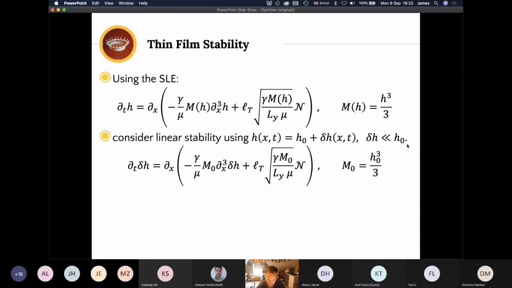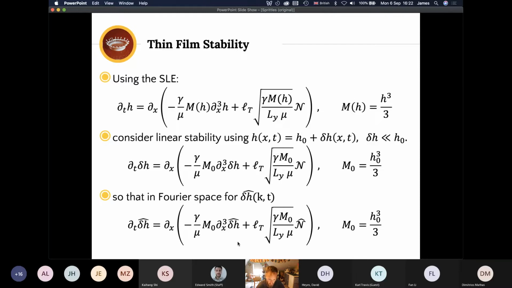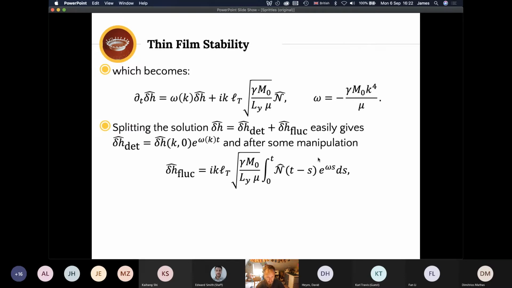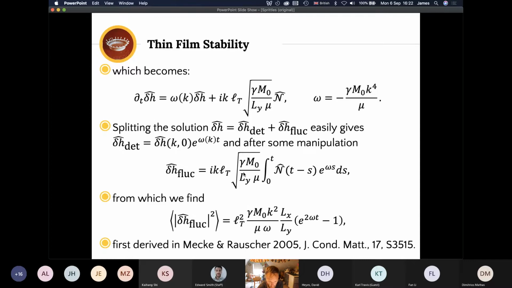This was our stochastic lubrication equation. We can simply apply a linear stability theory. We take some average height and perturb it, linearize the equation, and transform into Fourier space, which gives a much simpler looking equation to solve. From that, we can show that there is a deterministic and a fluctuating part to the development of waves. The deterministic part has the usual A e to the omega t type expression. The fluctuating part looks a bit nastier, but we can derive the spectrum from it.